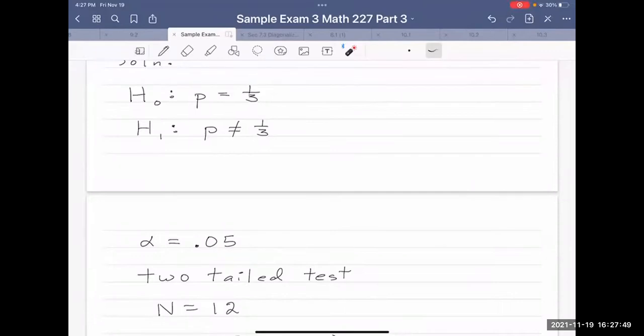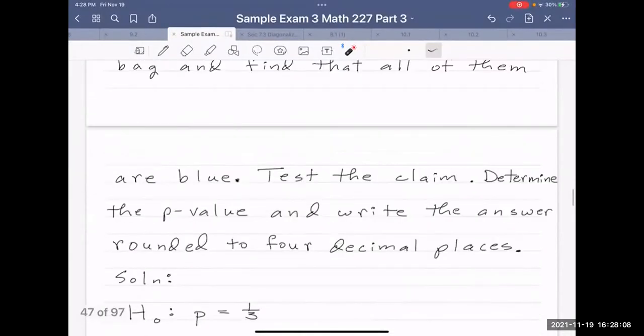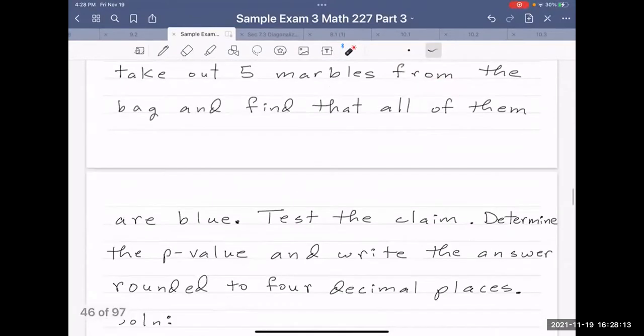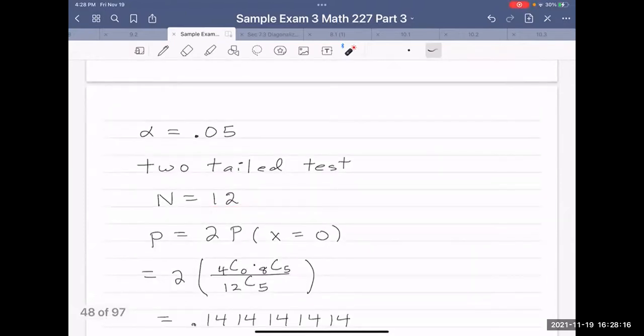We don't really need alpha, but for completeness, you need alpha. This is a two-tailed test. I have here that capital N, the population size, is 12, and little n is 5.